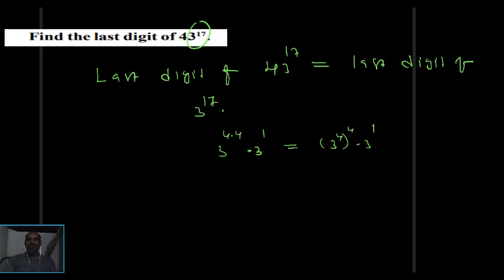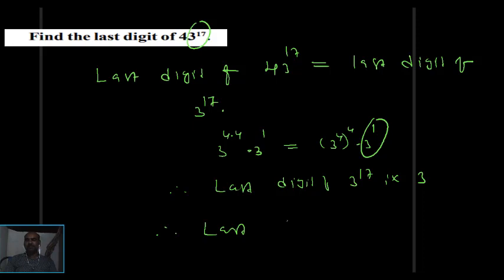The last digit of 3 power 1 is 3 only. Therefore, the last digit of 3 power 17 is 3, and finally the last digit of 43 power 17 is 3.